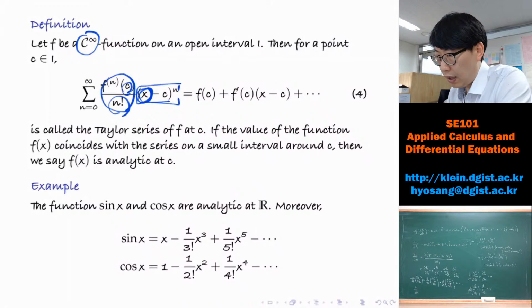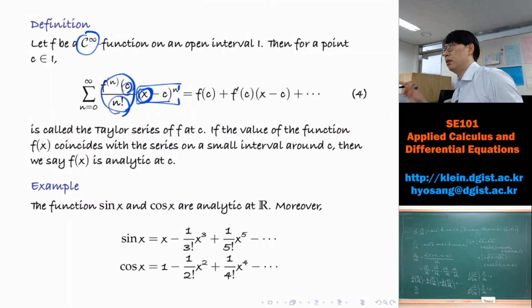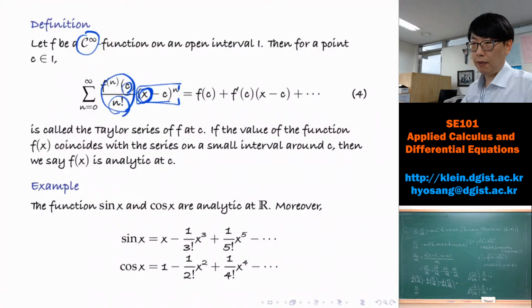This is called the Taylor series at c. It approximates the value of the function near c. Usually we take c as 0, so we approximate the value of the function near 0.